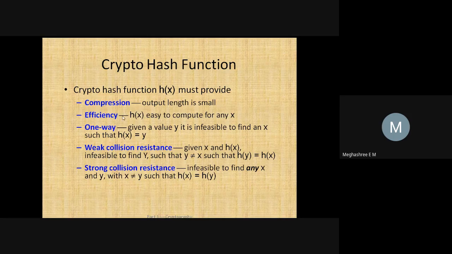Next, efficiency. It must be easy to compute h of x for any input x. Whatever hash function you follow should be easy to compute, not a tedious one. The third one is one way. Let me consider a value y. It is computationally infeasible to find a value x such that h of x is equal to y.